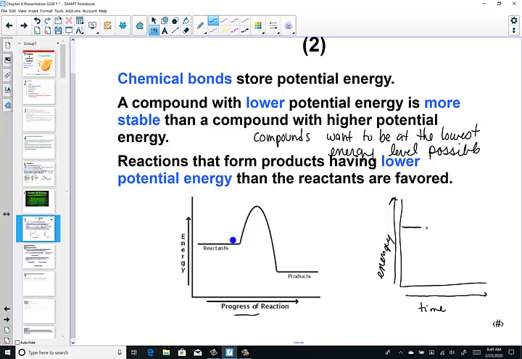If the reactants have, just kind of an arbitrary line that I draw, a starting amount of energy, and we'll learn that there's this little energy barrier that separates reactants and products. We'll learn that this is called activation energy.